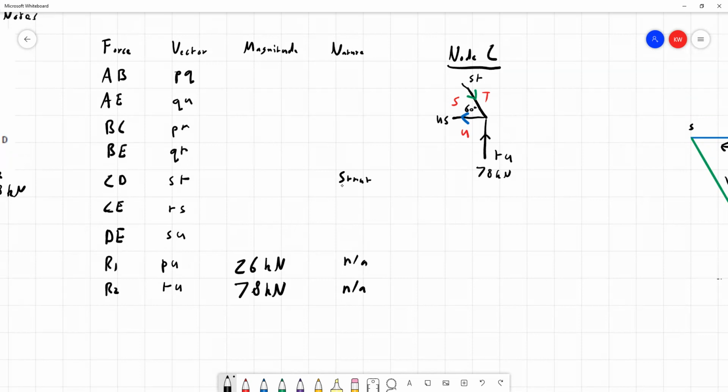This also tells us, because the internal force is acting away from the node for vector US or SU, that the member DE must be a tie, because those forces, again, are counterbalancing the tension that's pulling on the ends of the member. So right away, we have the nature of two of our forces.